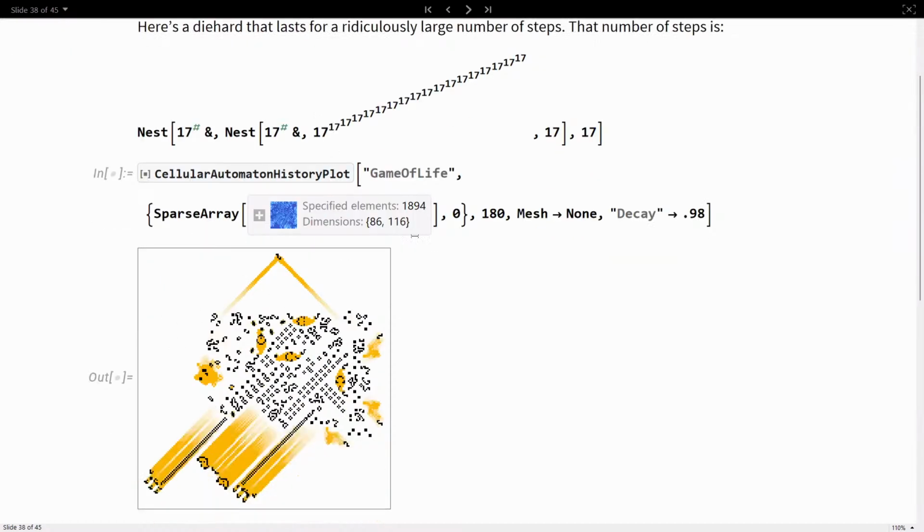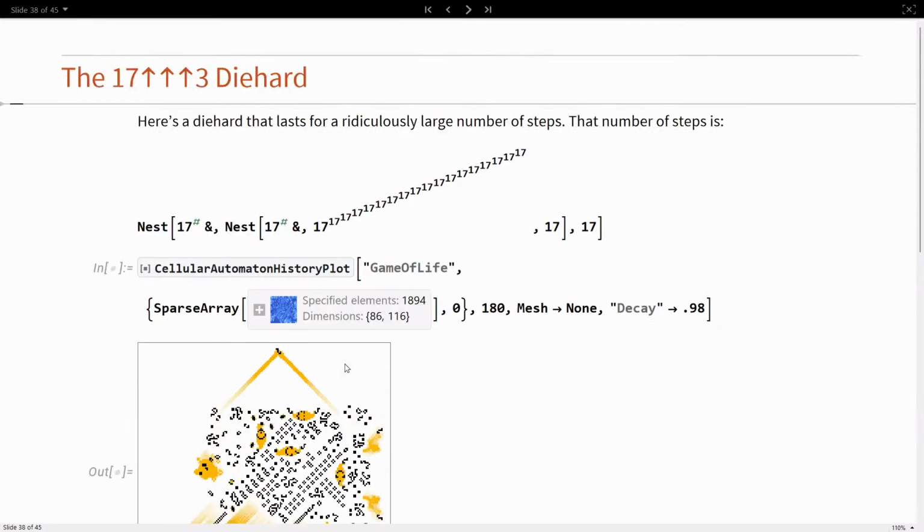This particular shape here, here's a start for what it's doing, will last 17 tetrated 3 times to the third. You need Knuth notation here to just express how large this number is. So to start off with, you calculate 17 to the power of itself 17 times.